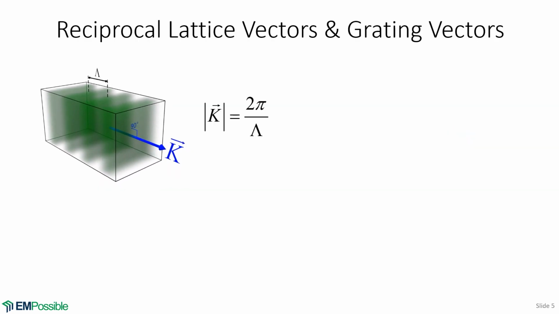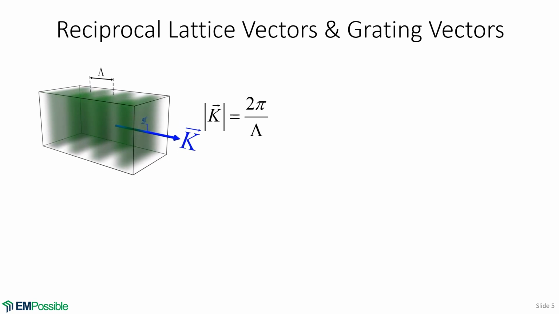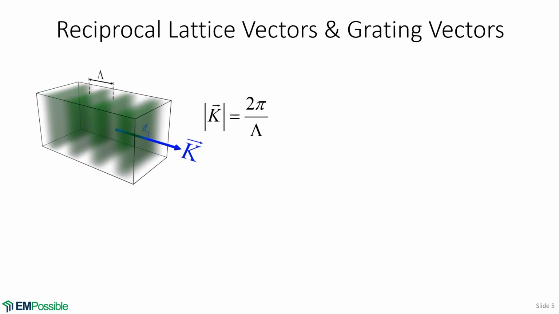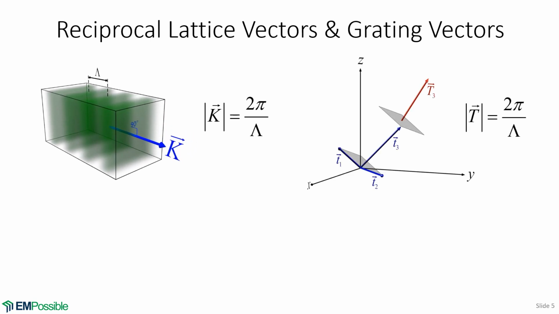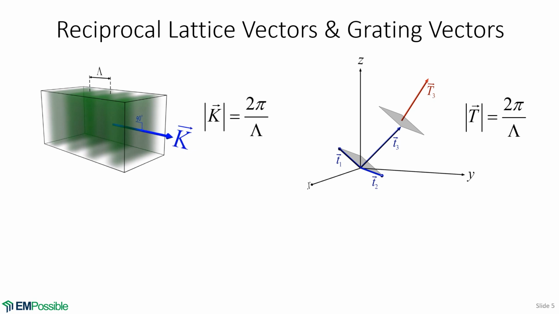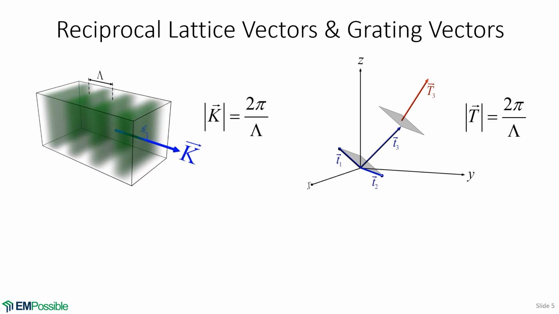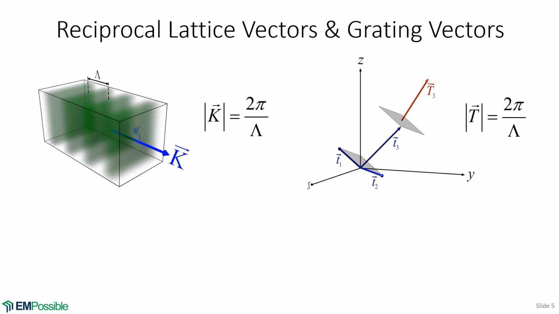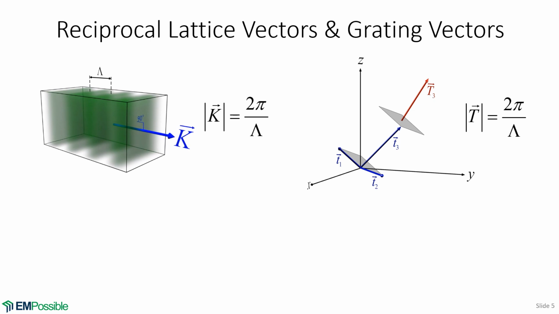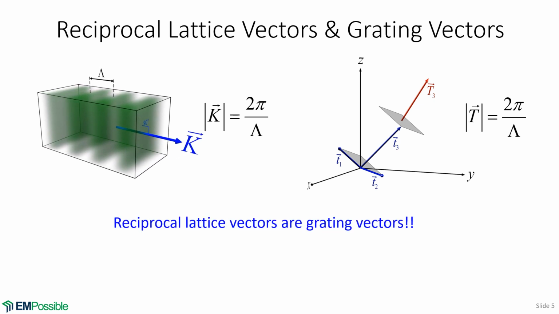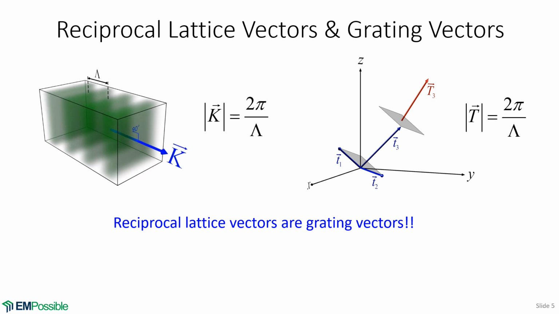So our grating vector, perpendicular to planes, magnitude 2 pi divided by the period. Does this sound familiar? Well, remember, this is what we did when we talked about the reciprocal lattice vectors. We were looking at planes in the direct lattice, and these reciprocal lattice vectors were perpendicular to those planes, had a magnitude 2 pi divided by the spacing. So the big aha here is that reciprocal lattice vectors are grating vectors.